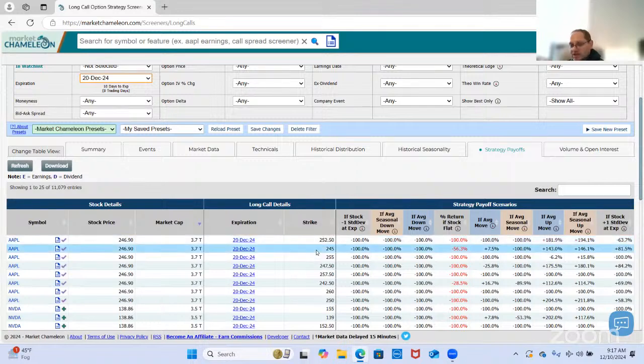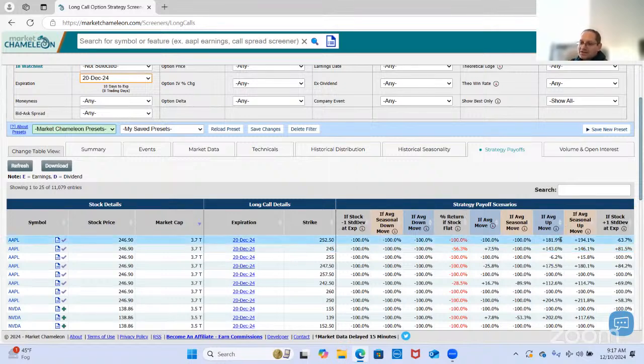That would be the value of the option at expiration, whatever its intrinsic value is. And we take that value, subtract what we paid, and then divide by what we paid. What would be the return? Is it positive? Is it negative? Is it break even? Here it says that the return is 181%.